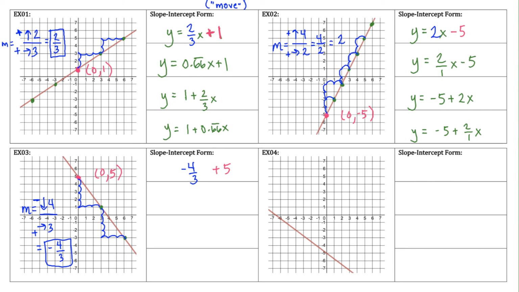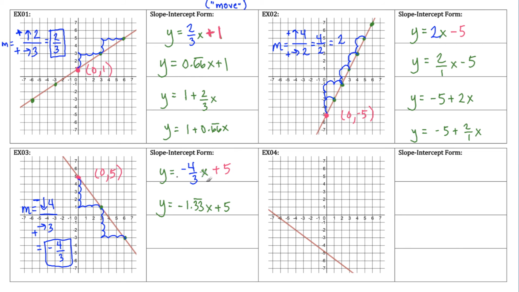And then I'm going to put my y equals and x in. And we can rewrite that as y equals negative 1.33 repeating x plus 5.